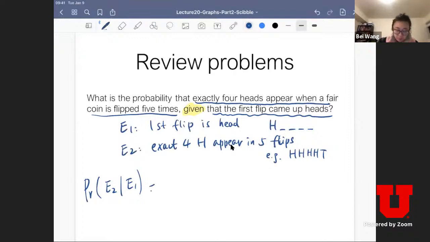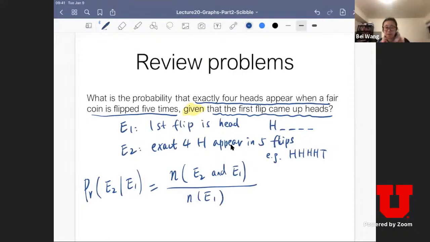Now, as we recall, the formula for conditional probability is the number of times both E2 and E1 are true over the number of cases E1 happens. So now we just need to decide what's on top and what's on bottom.